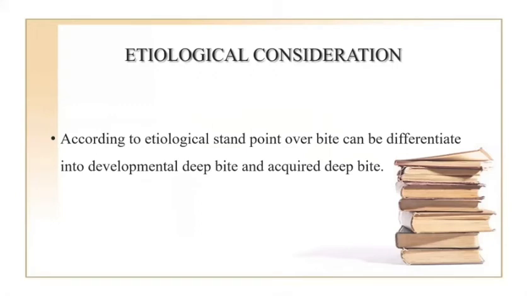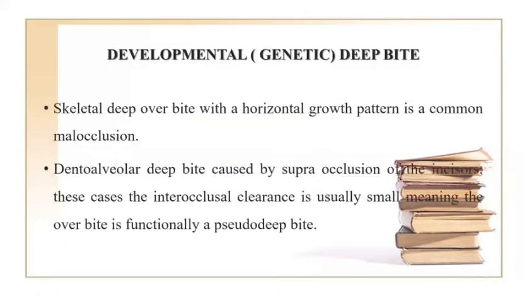Coming to the etiological consideration, it can be differentiated into two types, that is developmental deep bite and acquired deep bite. Developmental deep bite, as the name describes, is genetic.